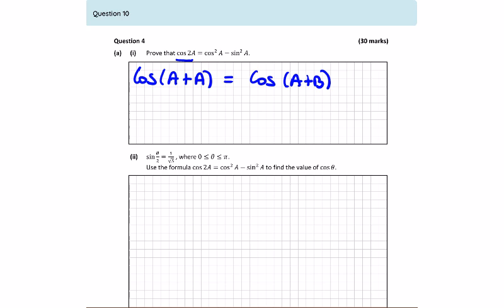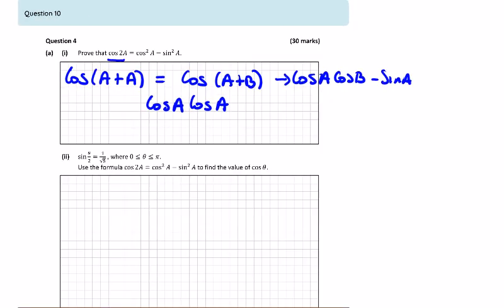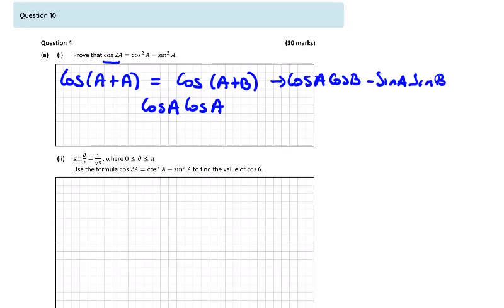The cos of a plus b in the formula booklet is cos a cos b minus sine a sine b. So they're all a's here, so we're going to get minus sine a sine a, which is going to be cos squared a minus sine squared a. So just practice a few of them and it shouldn't be too much of a problem.